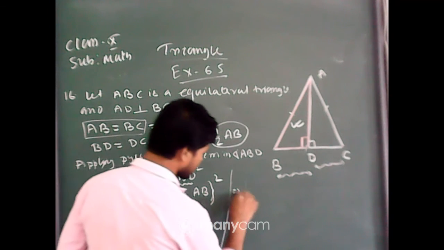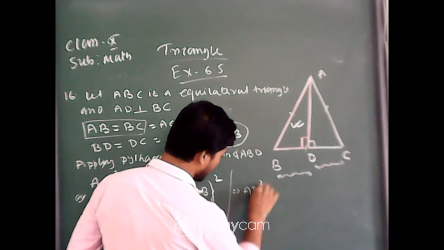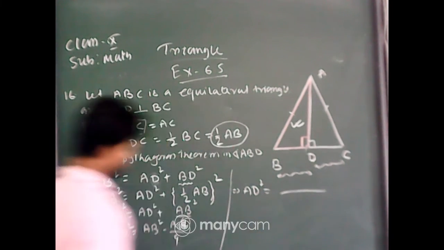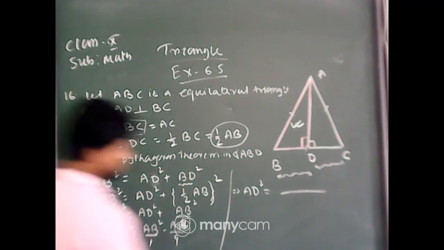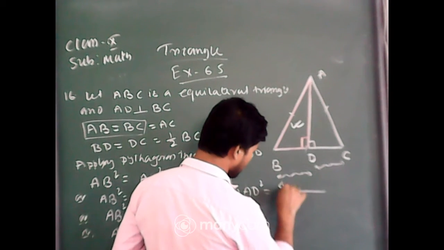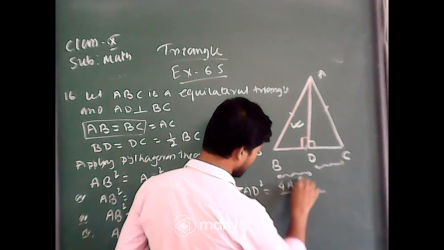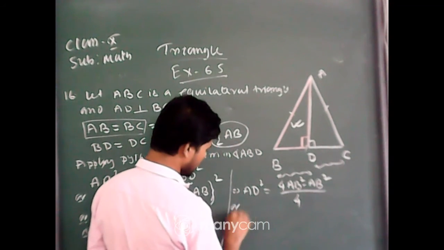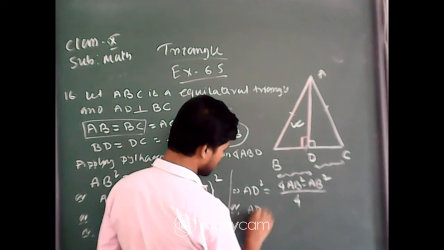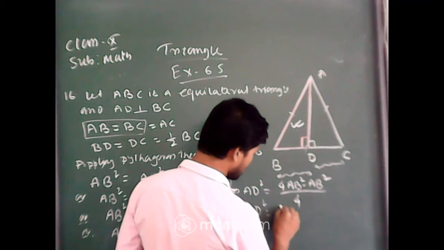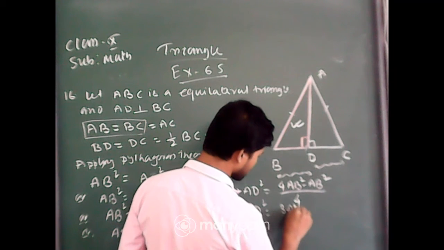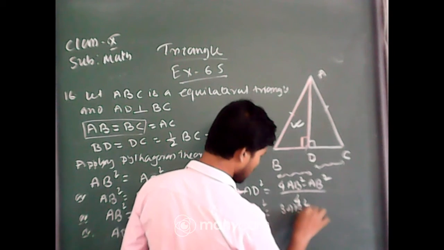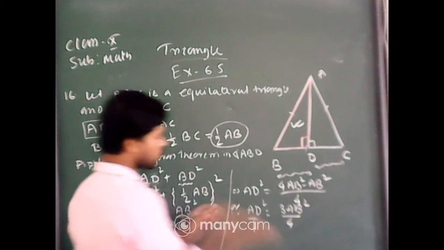That means AD square is equal to, see, LCM will be obviously 4, that means 4AB square minus AB square, which implies AD square is equal to 3AB square by 4.